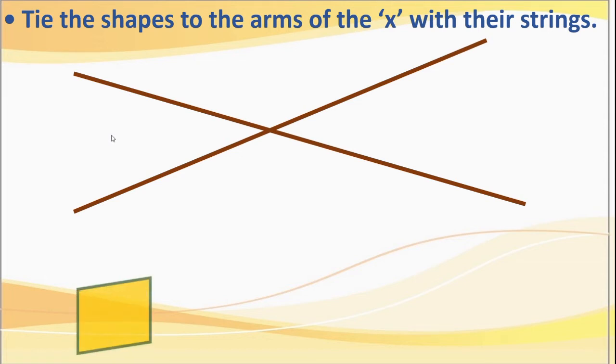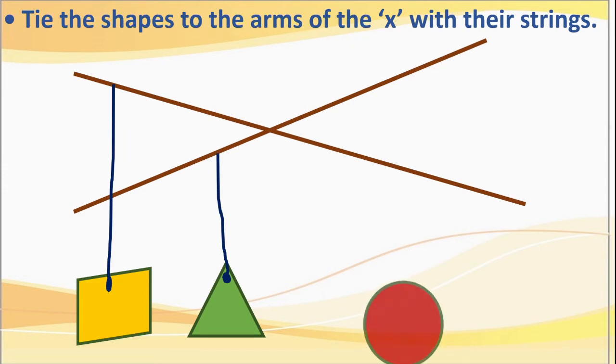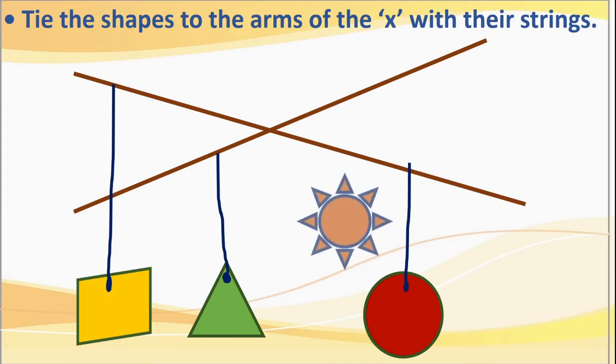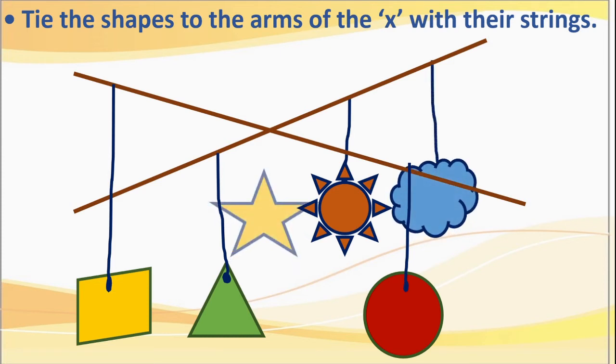See here, this is our square shape. Here we have tied to the arm of the X. This is our triangle. Okay, this is our circle. And next is our flower. Here you can see cloud, star, isn't it?